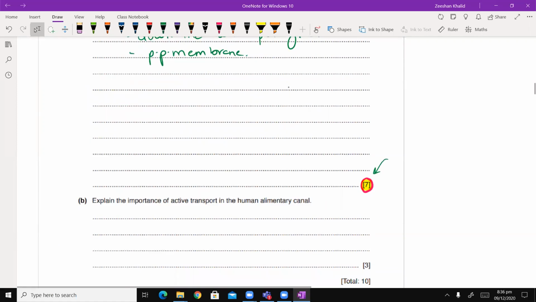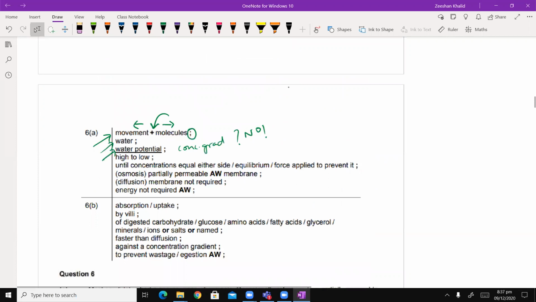The examiner is preferring it, and by the way, in the mark scheme, where you find a word underlined, do you know what that means? That no other word is acceptable. Okay? So that's why water potential is important. And of course, water potential's movement is from where to where? High to low. That's the second point.